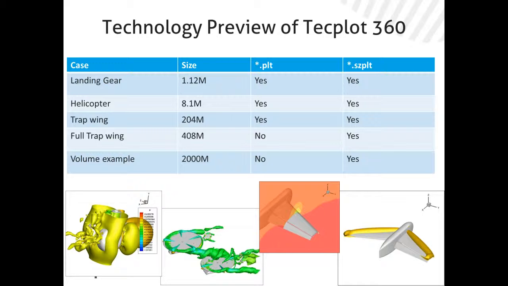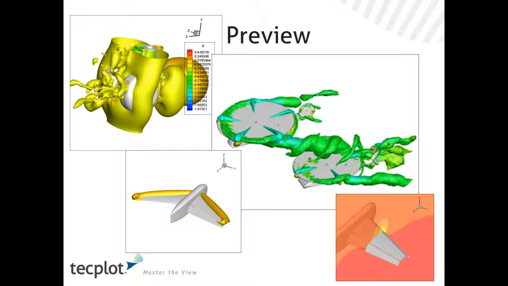Just to get enough memory, you have to go to parallel, with all the associated costs and complexity of allocating the nodes and running on a parallel machine. So this really makes things possible that just weren't possible before.